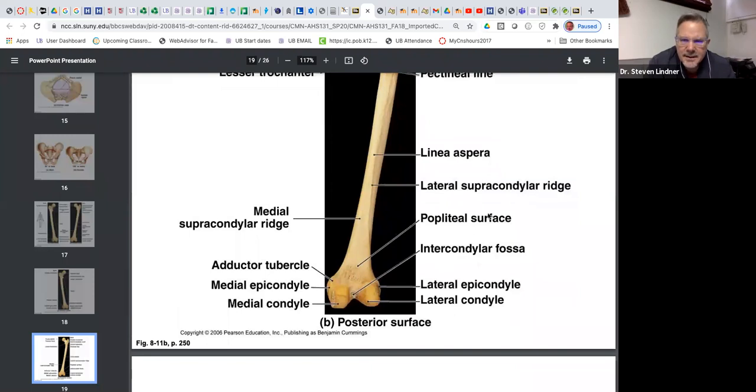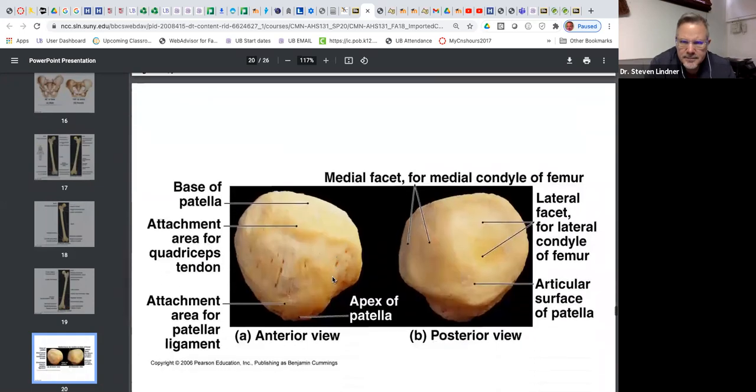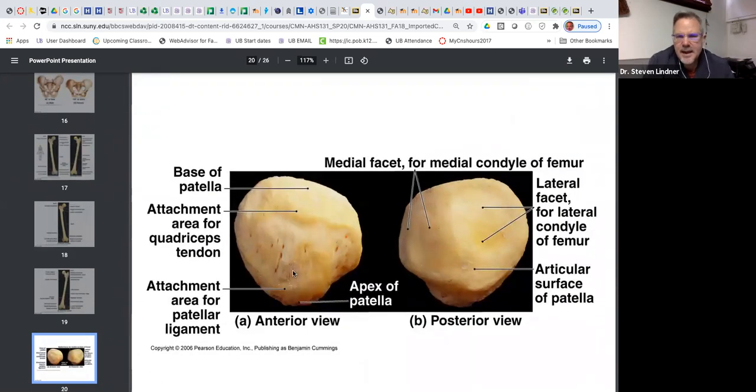Okay, the back of the knee is called the popliteal surface. Again, lateral and medial condyle, lateral and medial epicondyle. Epi means above, and then above the medial epicondyle is the adductor tubercle. Here's the patella.